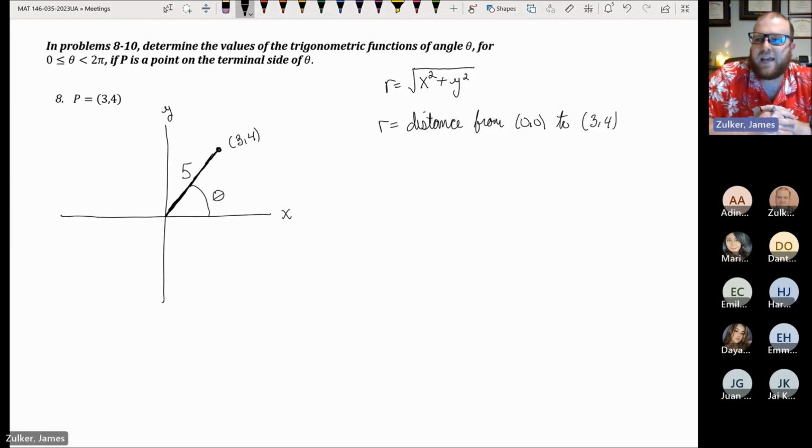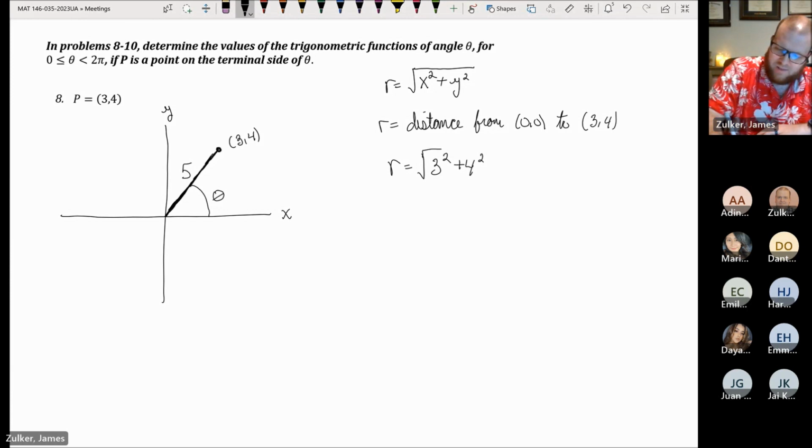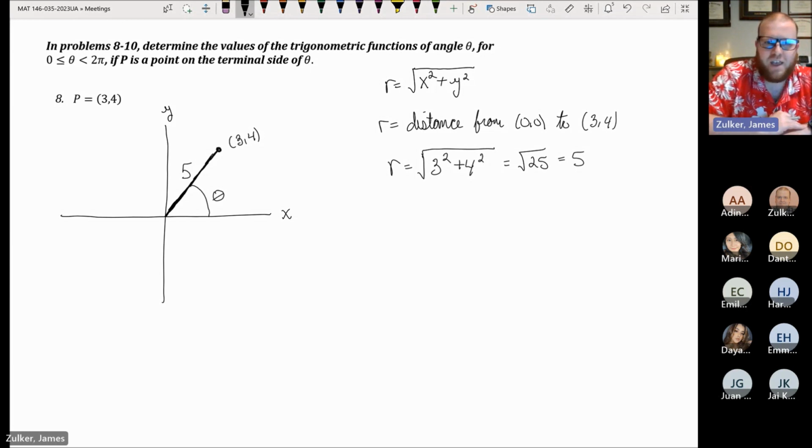In this case, x1, y1 is 0, 0. So we just get the square root of 3 squared plus 4 squared, which is the square root of 25, which is just 5.